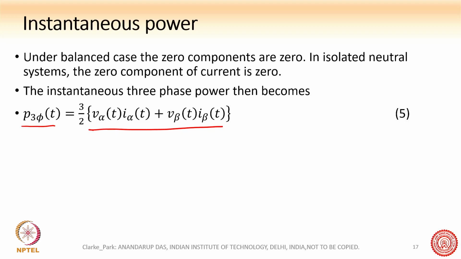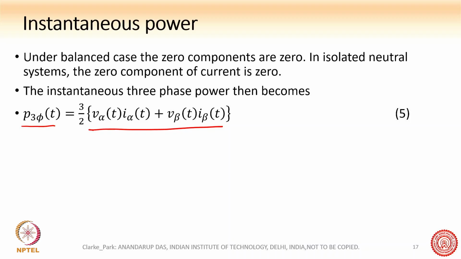Here you can now see that there is one advantage coming up. Instead of continuously using 3 variables, we are now going to use 2 variables continuously.